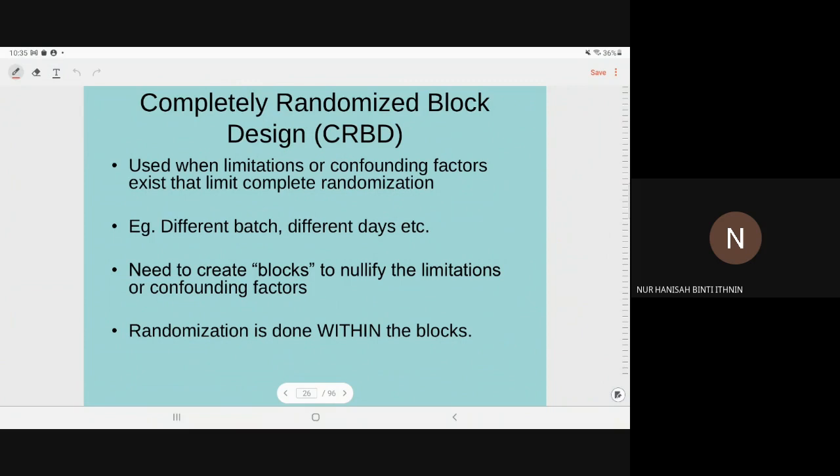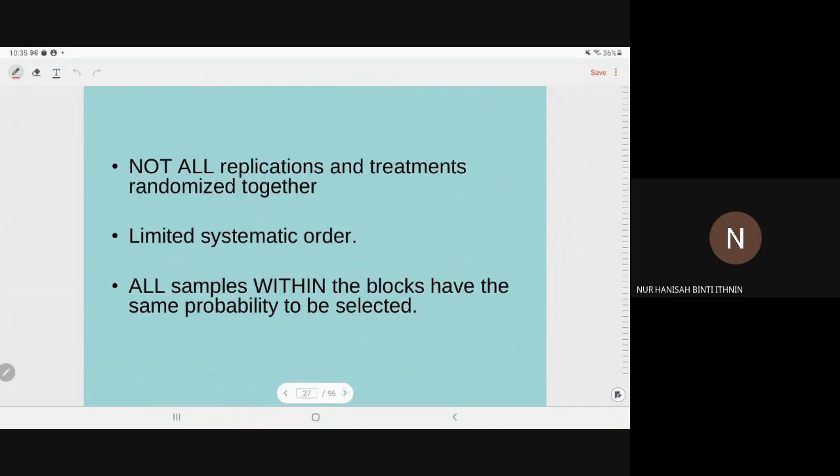Within the blocks, everything has to be uniform. Randomization is done within the blocks only, so not all replications and treatments are randomized together. So there will be a limited systematic order. All samples within the blocks have the same probability to be selected.